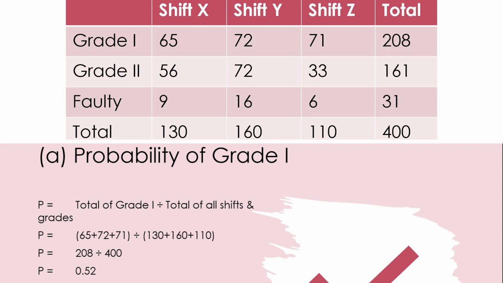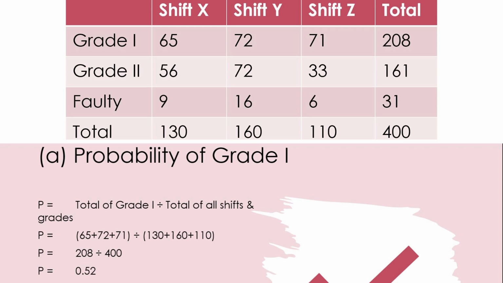So how are we going to find the total of grade 1? With reference to all three shifts, shift X, shift Y, and shift Z, the numbers are 65, 72, and 71 respectively. We'll add them up. Similarly, for the total of all shifts and grades, the three numbers are 130, 160, and 110 from the table.